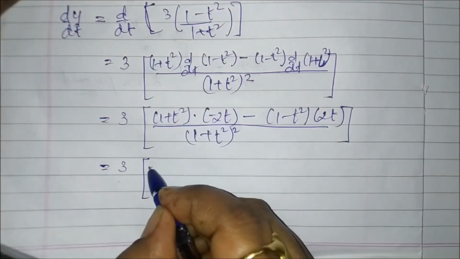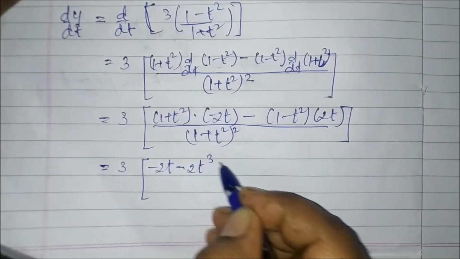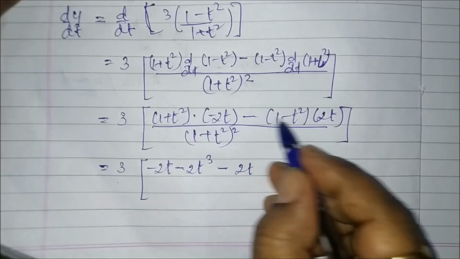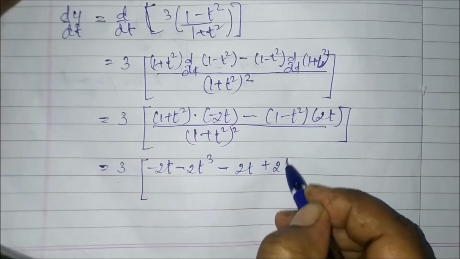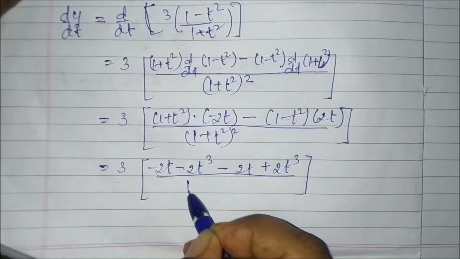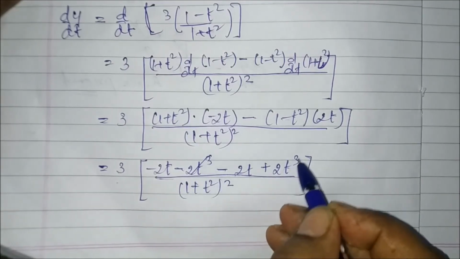Multiply this: minus 2t minus 2t cube minus 2t, and minus becomes plus 2t cube, upon 1 plus t square whole square. Here minus 2t and plus 2t will cancel out.